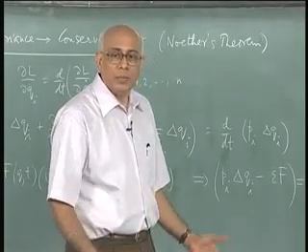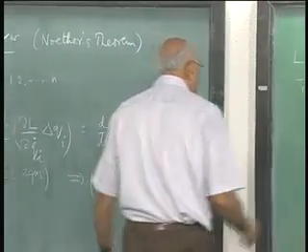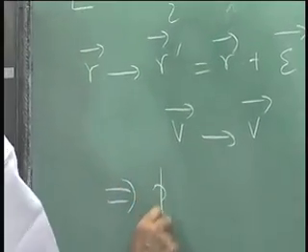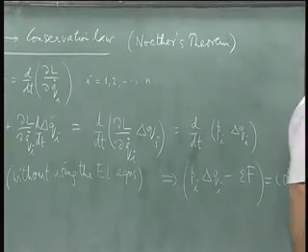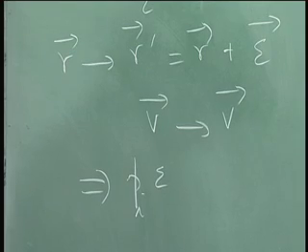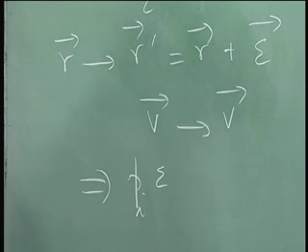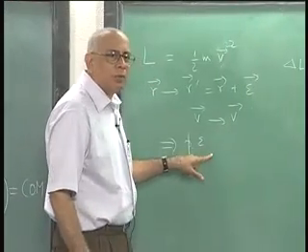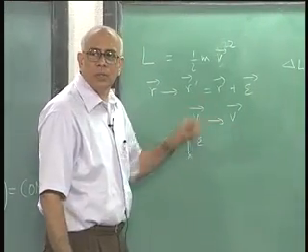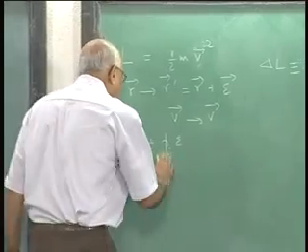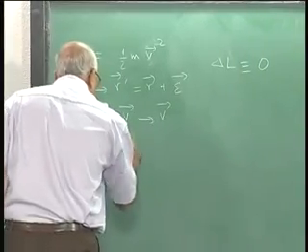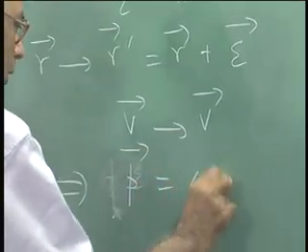For each component, what does it tell you? It says Pi times delta Q, that is epsilon, each epsilon. Independently I take 3 different directions and I translate, and each component P1 epsilon 1 is constant, P2 epsilon 2 is constant, P3 epsilon 3 is constant. So this implies that P is equal to a constant.